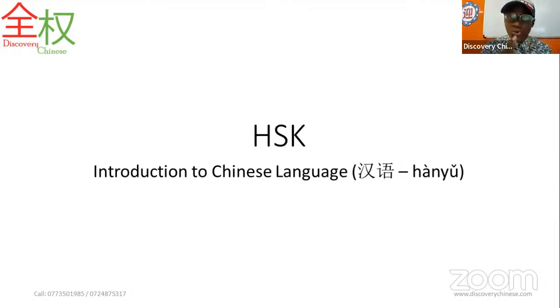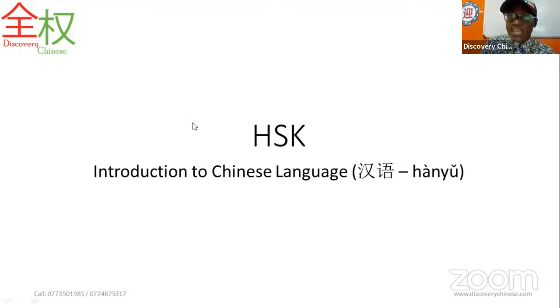Now, Han Yu Shui Ping. So this word S comes from the word Shui Ping. Now, Shui Ping means level. It means a level. So Hanyu Shui Ping, Chinese level.